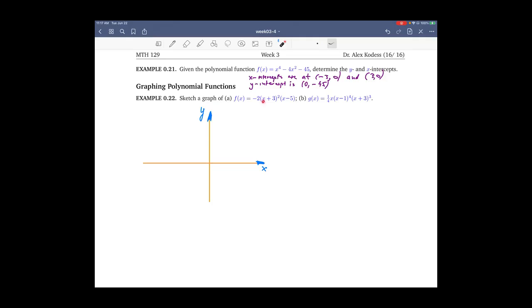So the roots of f are negative 3 and 5. Negative 3 is a root where we have a touching, and 5 is where we have a crossing.